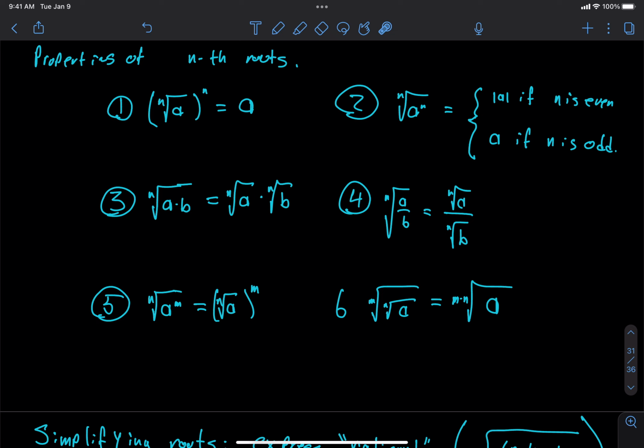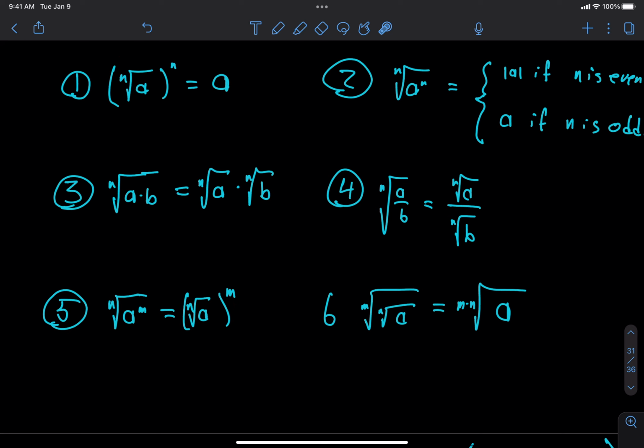We can do the same thing with nth roots as we can with square roots. Namely, if I multiply something under an nth root, I can just take the nth root of each number that I'm multiplying and multiply those together instead. Okay, so that's going to be important for simplifying these. So next up, we've also got the fraction property, right? Square root of a fraction is the fraction of the square roots, or the nth roots.